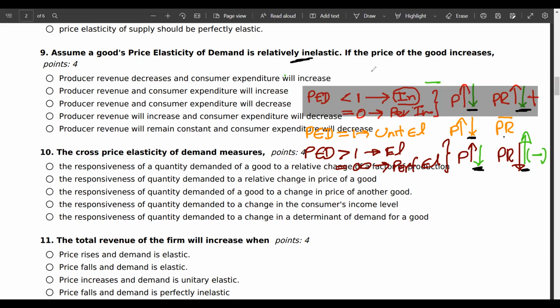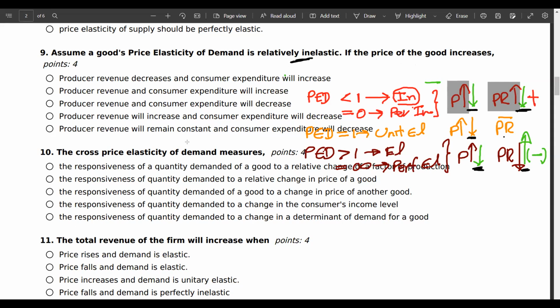If the price of the good increases, we know what will happen. Producer revenue would increase, and so will consumer expenditure. So if you look at the answers now, what will be the answer for this particular question?